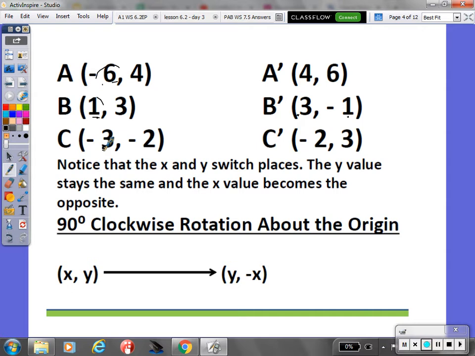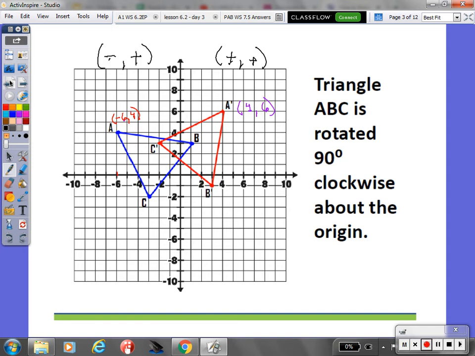So again, think about spinning something from the second quadrant into the first. Just like in that picture, it would become the opposite. If we follow that same rule, doesn't matter what quadrant we start in, think about starting in the first quadrant. So those ordered pairs that started in the first quadrant, which was B here. B starts at 1, 3, both positive values.